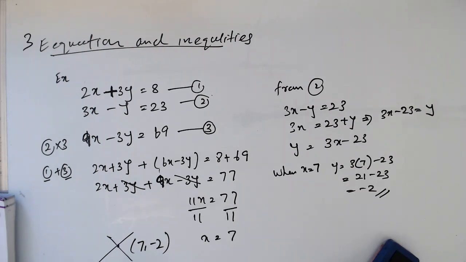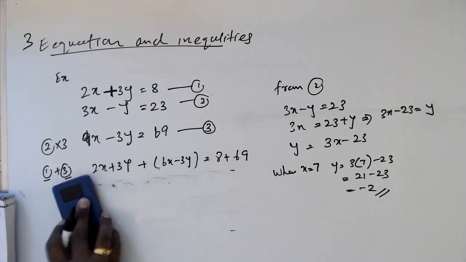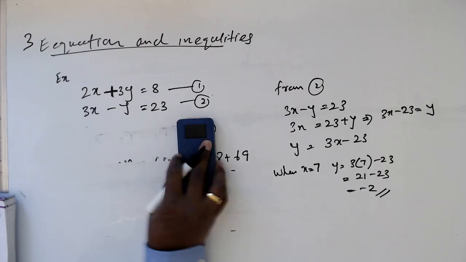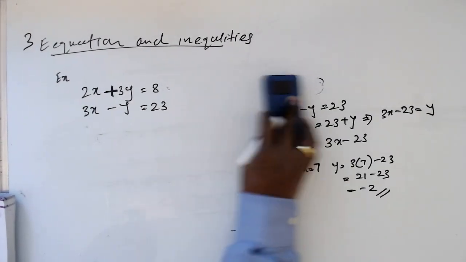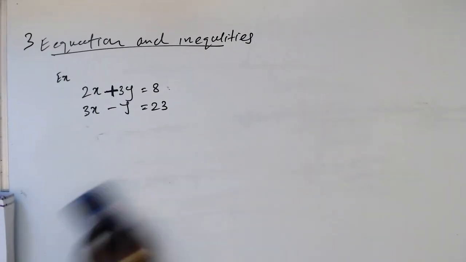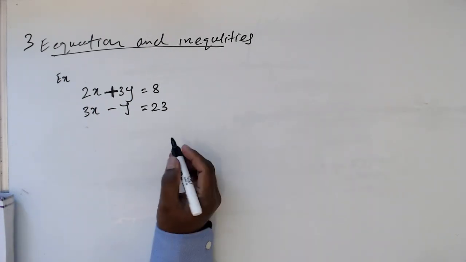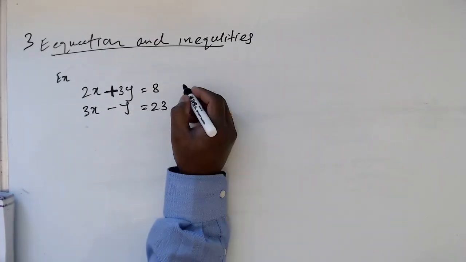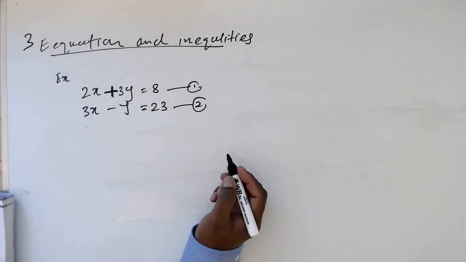And now I'm going to discuss the graphical method to find the coordinates of the intersection point. First of all, I'd like to have a rough idea about those two equations.